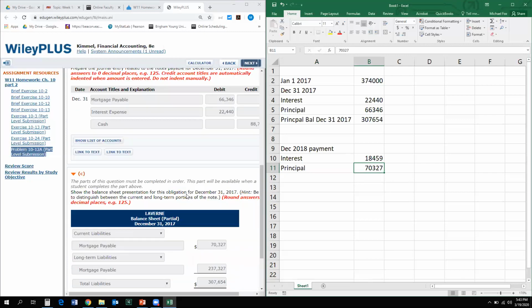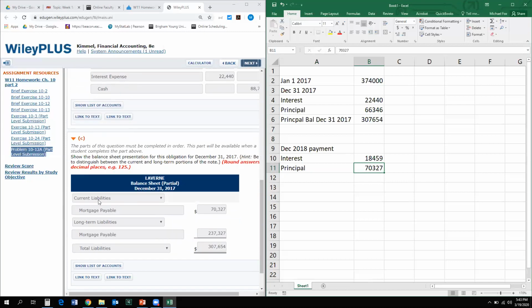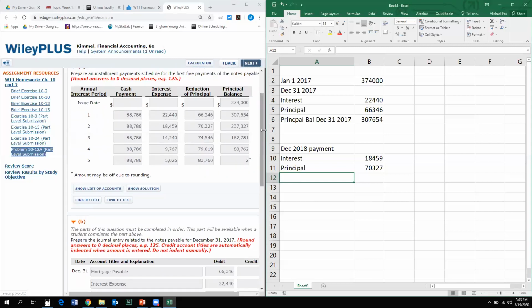So if I look down here, I'll have current liabilities on the mortgage payable of 70,327, and then the remainder is going to be long-term. And that remainder, so you see right here, 237,327.